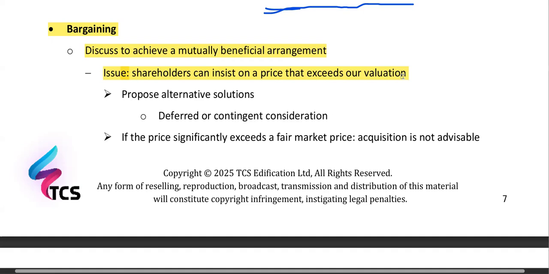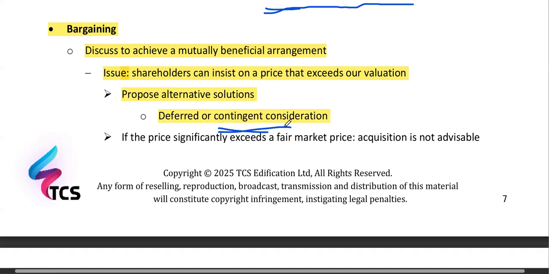And we can counter it by coming up with an alternative consideration strategy, which could be a deferred or a contingent consideration. So in a deferred consideration scenario, you agree to pay a portion of the price at a later date, maybe 1 or 2 years later. And in a contingent consideration scenario, not so practical, because companies normally don't agree to this in real life.